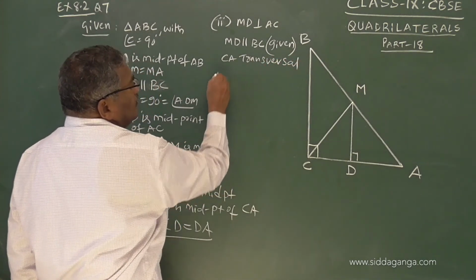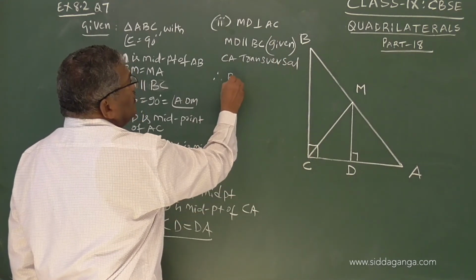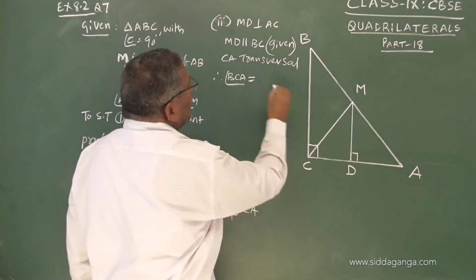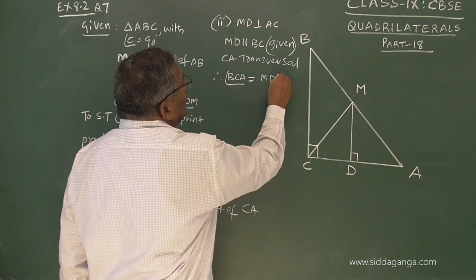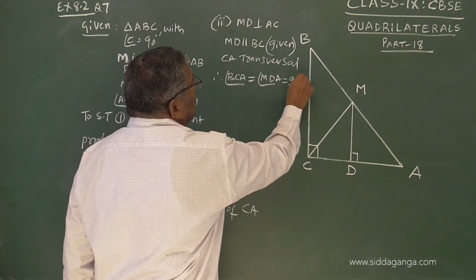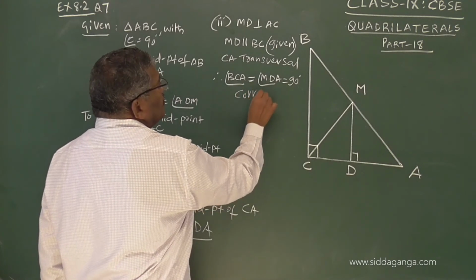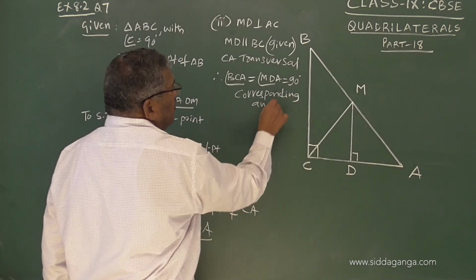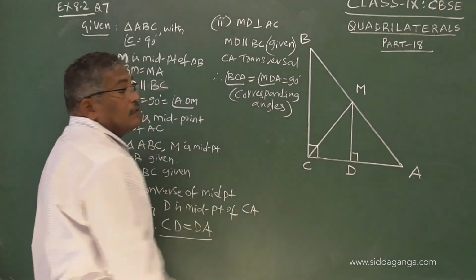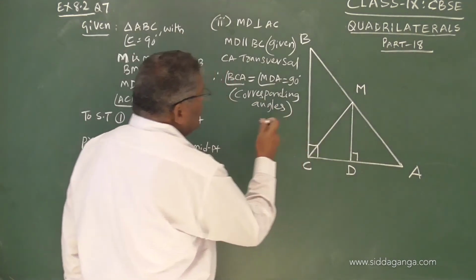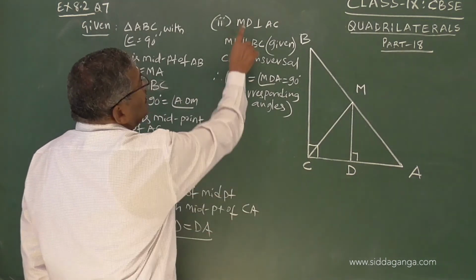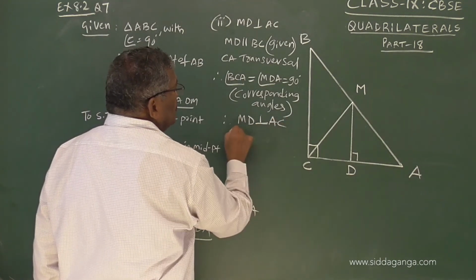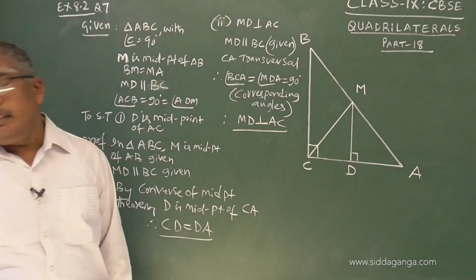So therefore angle BCA will be equal to angle MDA, which is equal to 90 degrees, corresponding angles. So this is 90 degrees, therefore MD is perpendicular to AC, that means they are at 90 degrees. It is very simple.